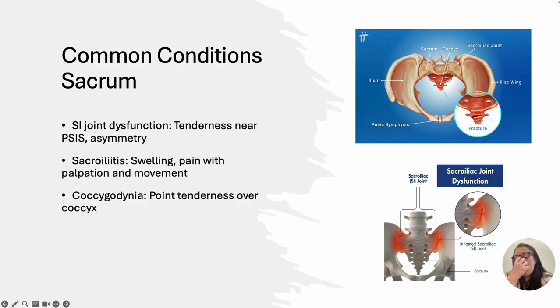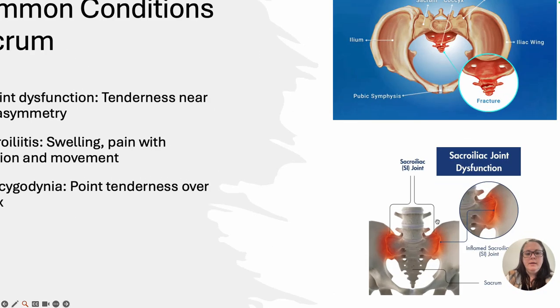Sacral. Now, I'm stopping at sacrum. I'm not really going into the pelvis much because we're going to cover that in a different chapter. So the SI joint dysfunction kind of goes along with pelvis and sacral issues. I'm going to zoom here.